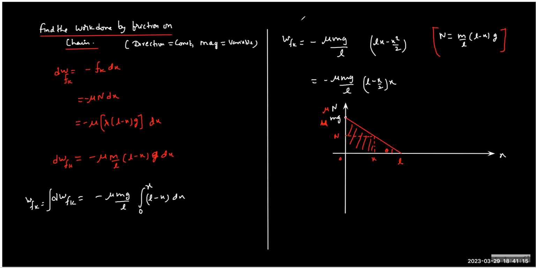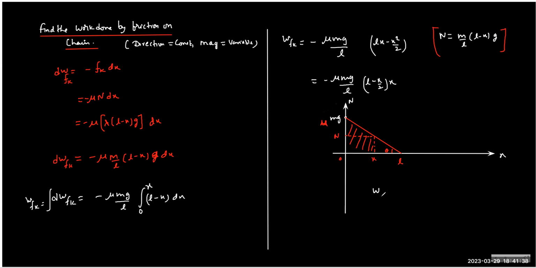So you can just say, if I call this friction, let's call this as N versus x. So now this area we know how to find.